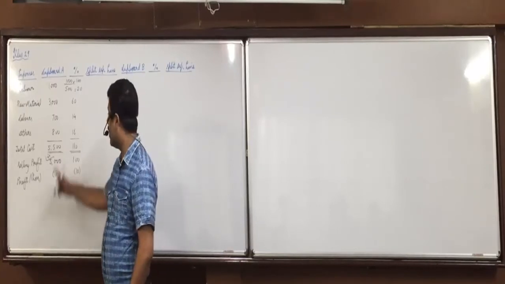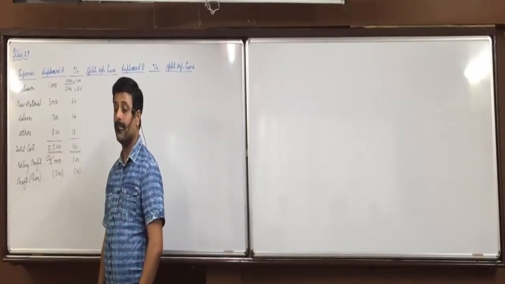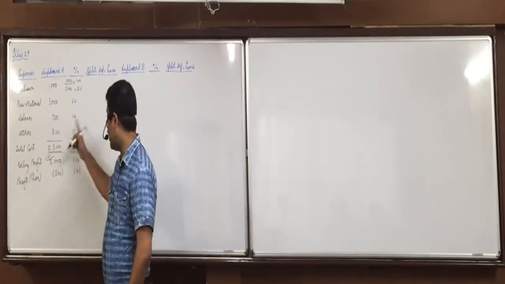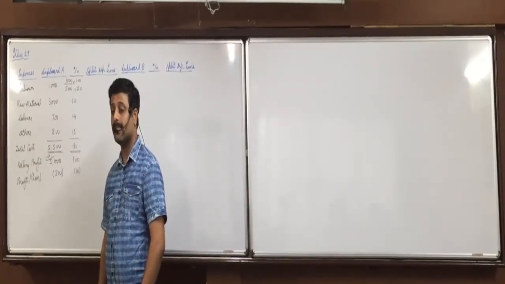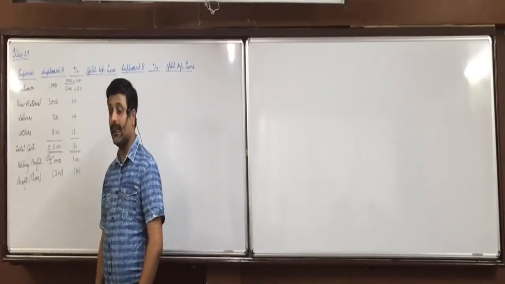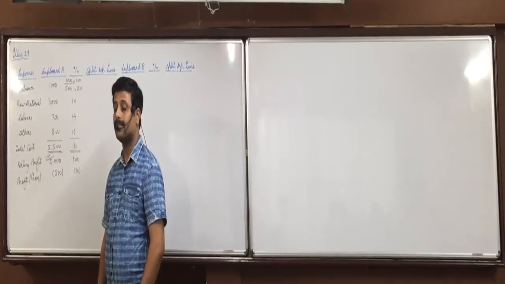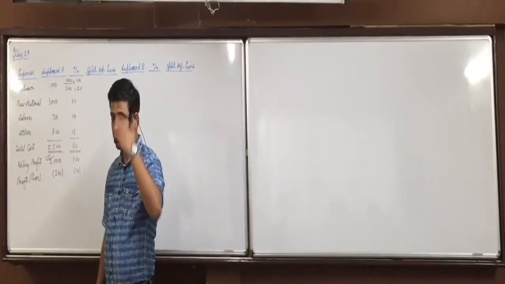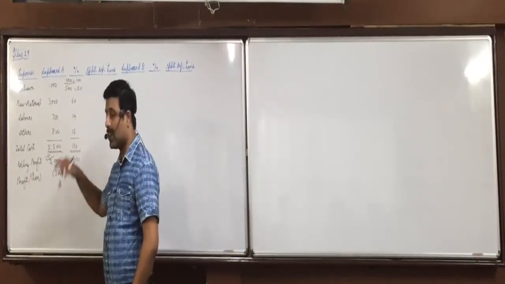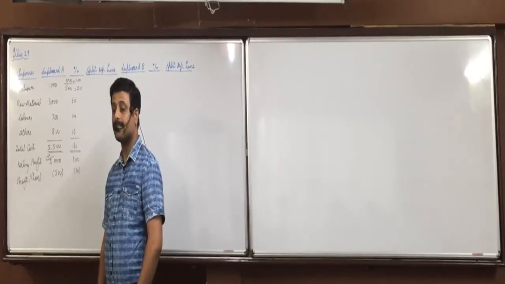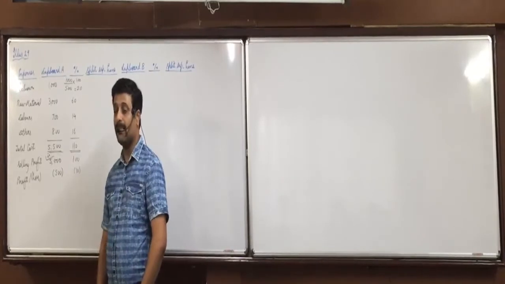What is 60? 700 and percentage. 14, 800 and percentage. 5,500 and percentage. 5,000 percentage. And 500 percentage.